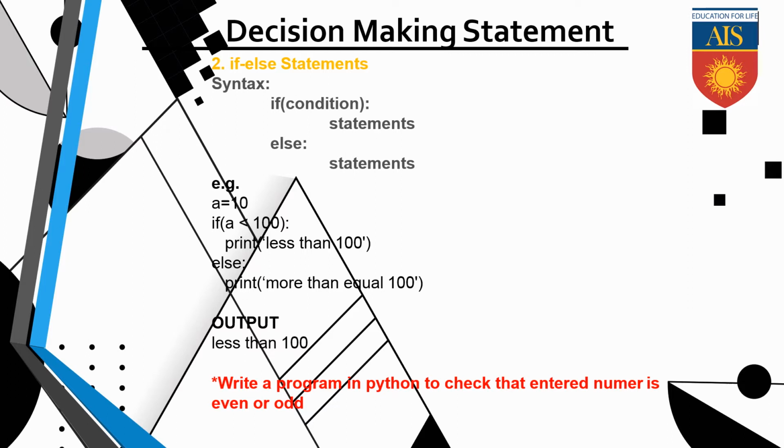So you have given the condition, if a less than 100, it will print a less than 100. If it is not, then it will print it is more than 100. So the output will be less than 100 because we have assigned a as 10. Write a program in Python to check whether an entered number is even or odd. With the help of this if else statement, we can create this program very easily.